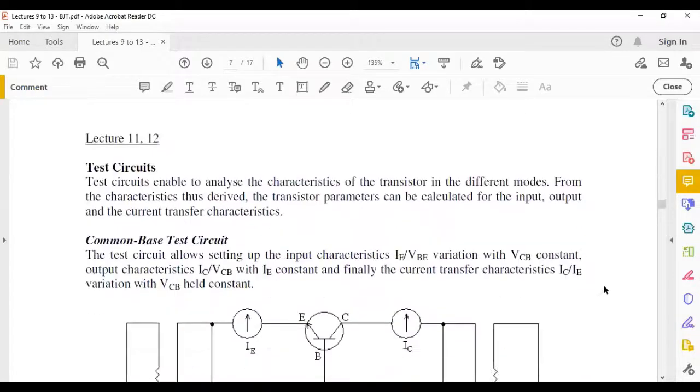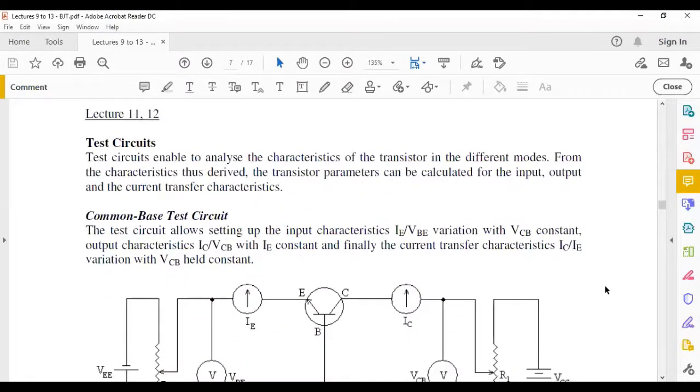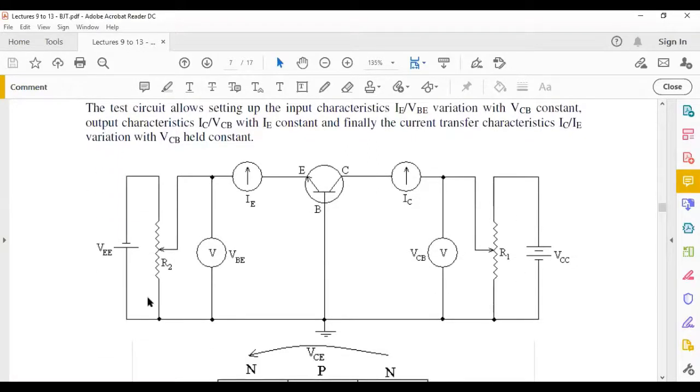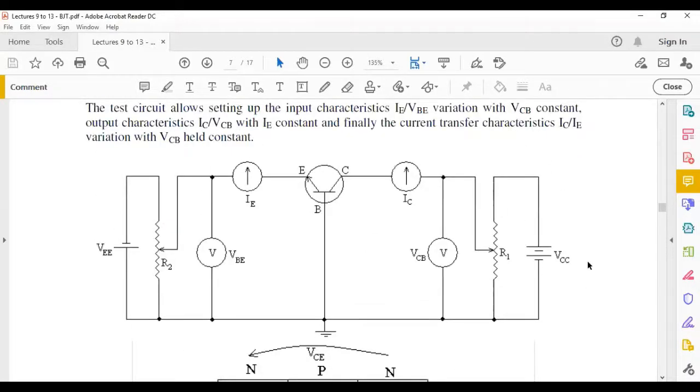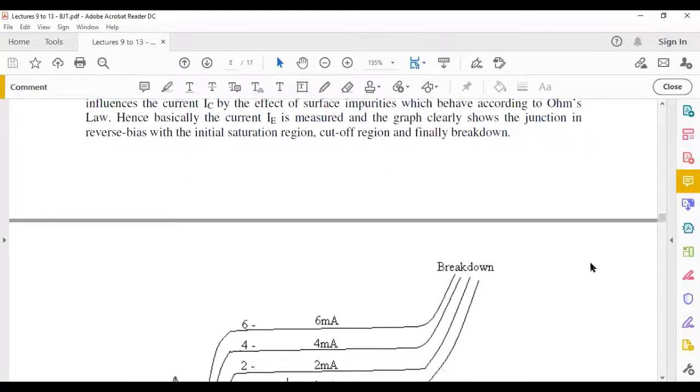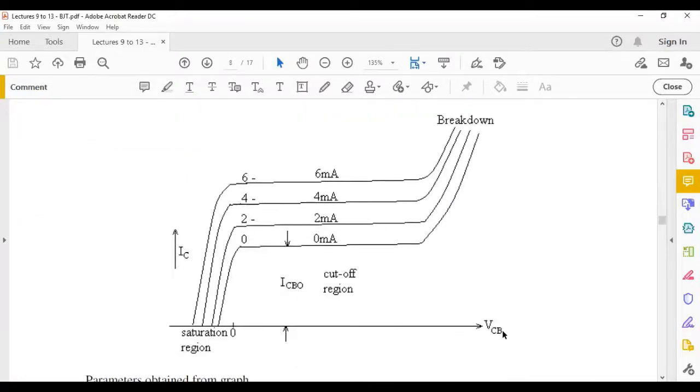Now, test circuits are also not important for you. Just to say briefly, test circuits are circuits which you would run in the lab to be able to get different characteristic curves for transistors. So you get curves like this, for example, if you are in the common base configuration and you start varying your common base voltage, what would you get in terms of collector current?